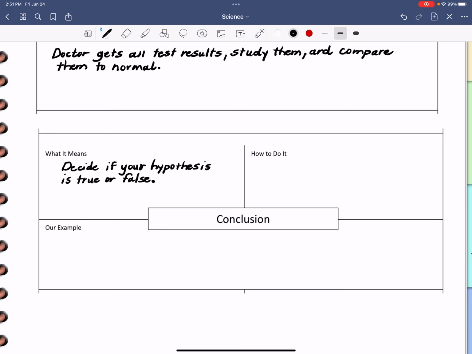You have to decide if your educated guess was the right one. And to do this, the first thing you do is look at your data.